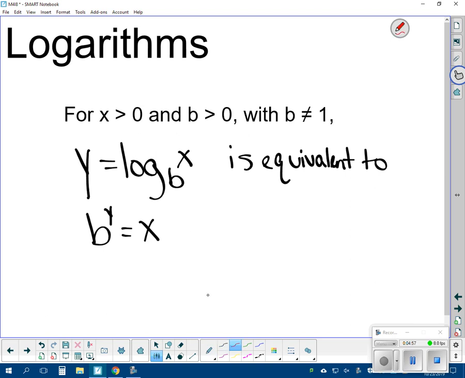So what this is saying is you can take any equation of this form, b to the y equals x, and rewrite it in this form. You need to have that pretty much memorized.